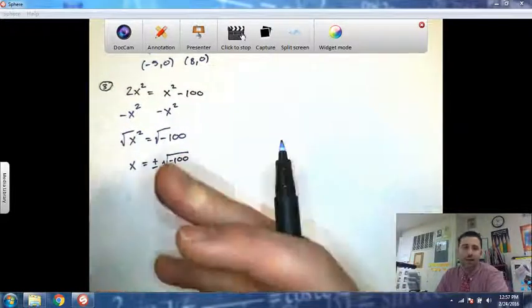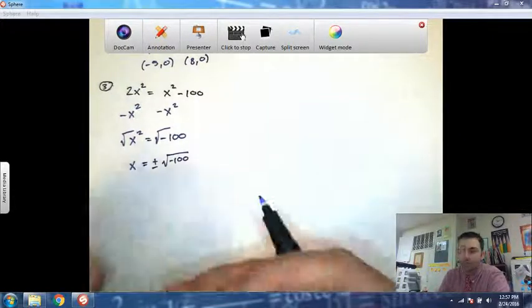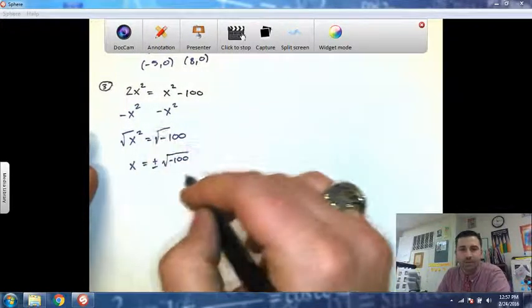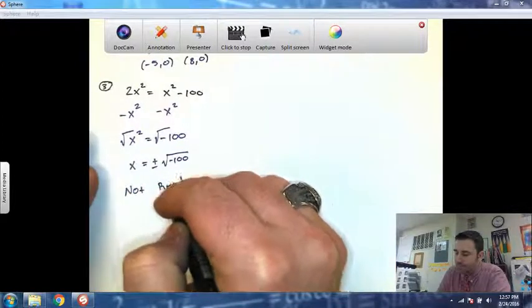Well, I can't take the square root of a negative number. I can, however, it gets into imaginary numbers, and in this course we focus mainly on the real number system. We don't get into imaginary. And so when given a solution like this, we simply say a not real solution.